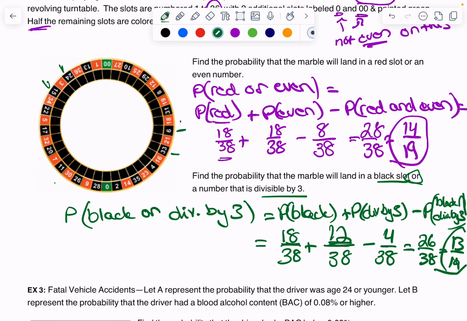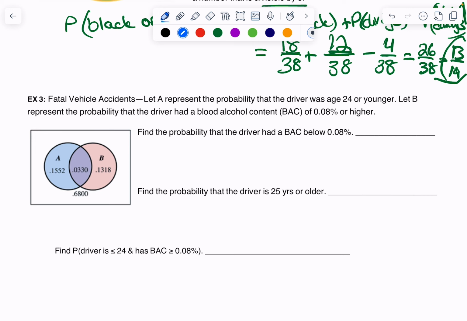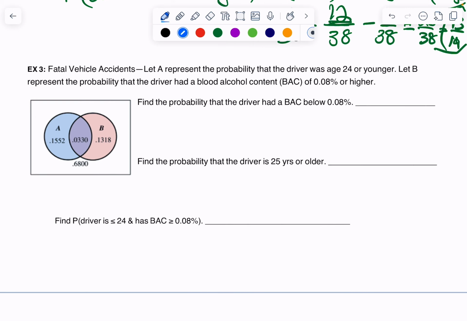Okay, next one here. We're going to look at fatal vehicle accidents. So let A represent the probability that the driver was age 24 or younger. Let B represent the probability that the driver had a blood alcohol content BAC of 0.08% or higher.